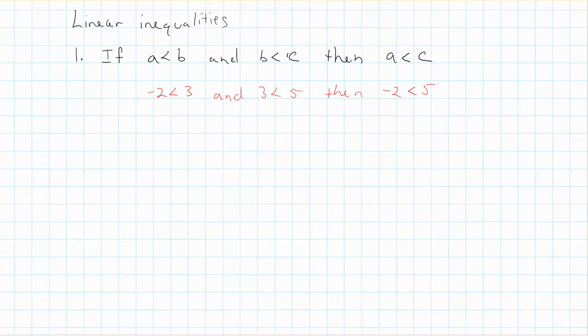And what we're going to use this for is when we're trying to combine inequalities together, we're going to test to see if the transitive property holds, and that's going to tell us whether we can combine the inequalities together or not.